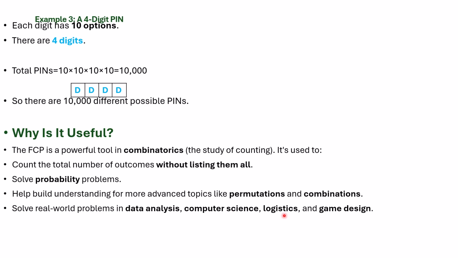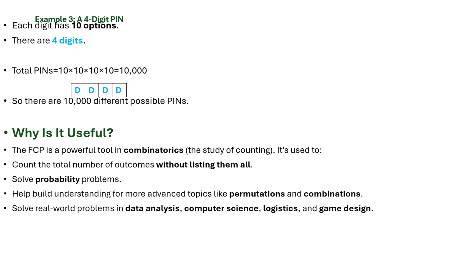We need to know how many trucks we have, how many can go out, etc. And very important in game design. Whenever we create game design, it's always a combination of possible outcomes. If a person does this, must he die or must he still survive, etc., etc. Right? But yeah, that is why it is useful.